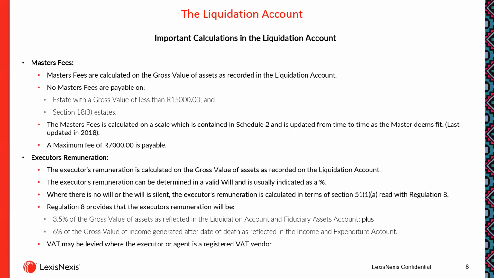And this will be reflected in our income and expenditure account. And that will make up our executor's remuneration. Of course, if you are a registered VAT vendor, you can also levy VAT on the executor's remuneration.